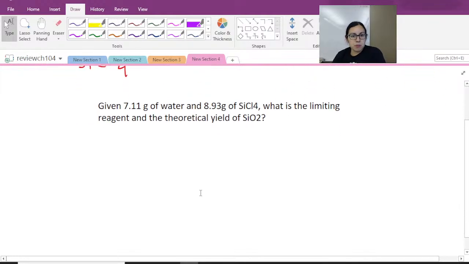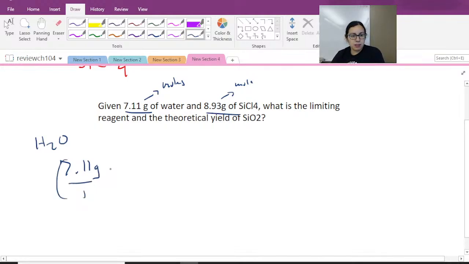So grams to moles, so let's do that. So we have gram amounts here, so we know we need to go to moles. And so let's just focus on water first. So I'll start with water. And so we had 7.11 grams of water.